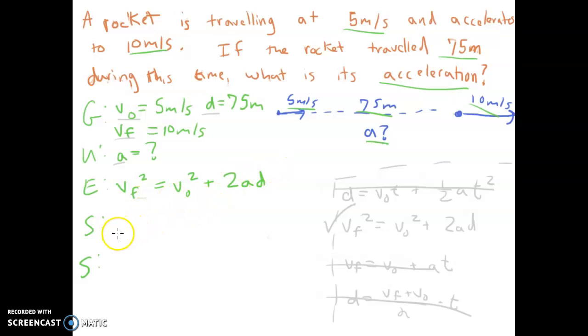Now we go right back to our math class. So VF here is 10 squared equals 5 squared plus 2 times A, which is what we're looking for. And now we just solve.